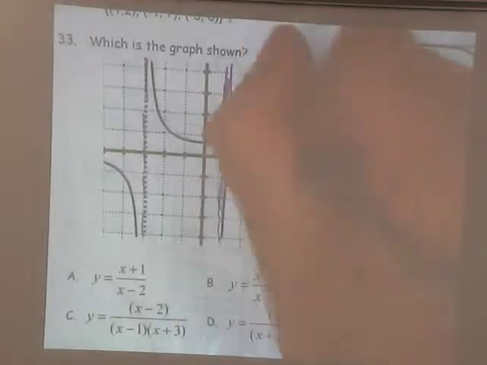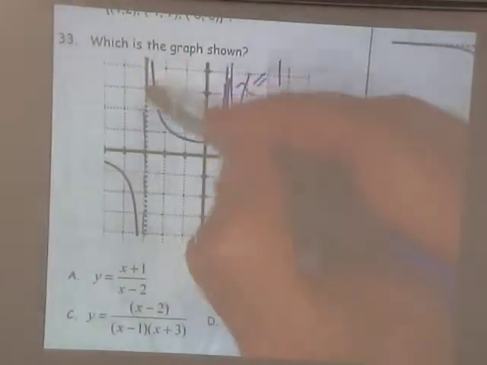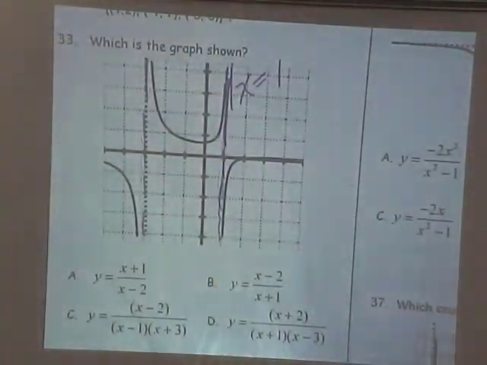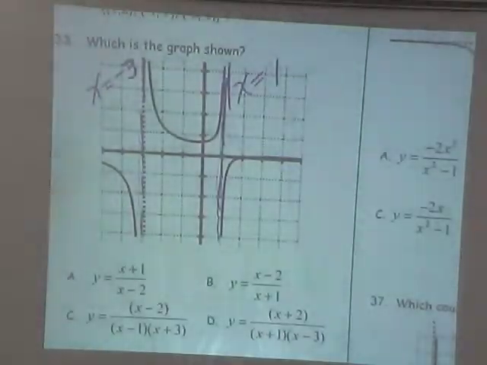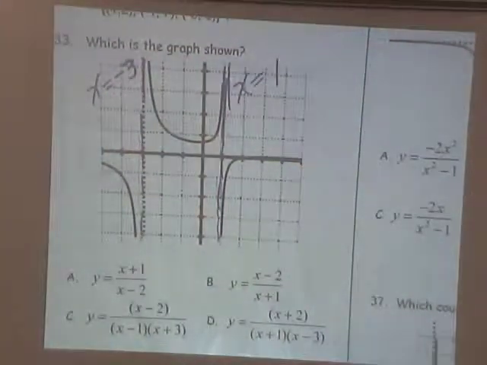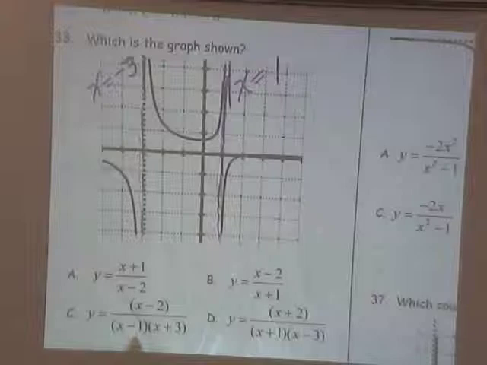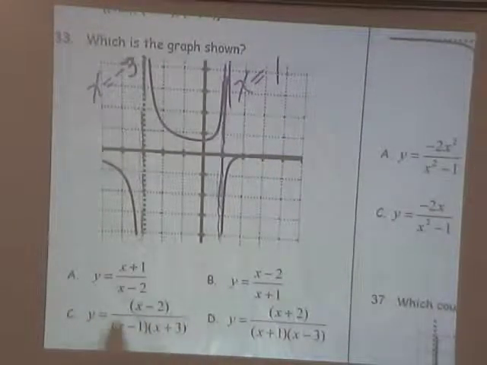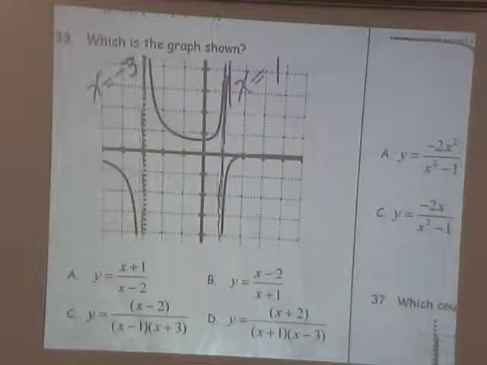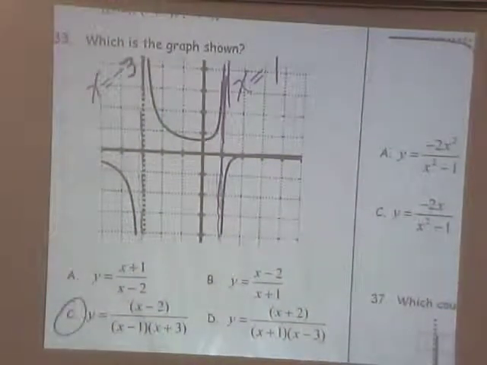X equals 1. What's the equation of this vertical asymptote? X equals -3. So which denominator would represent that? It'd be C, wouldn't it? That's where we'll find our vertical asymptotes, in the denominator, right? Any questions on that?